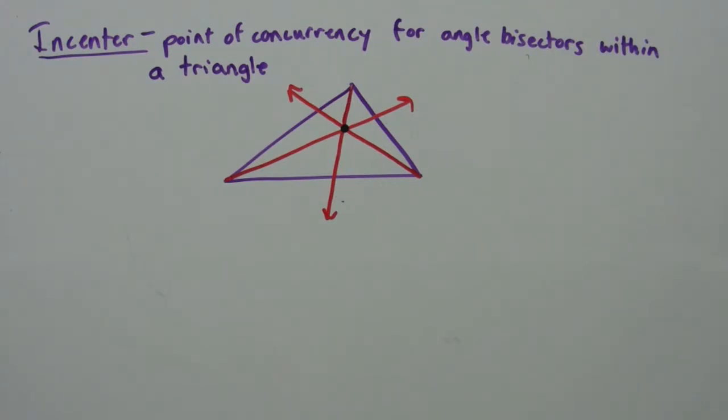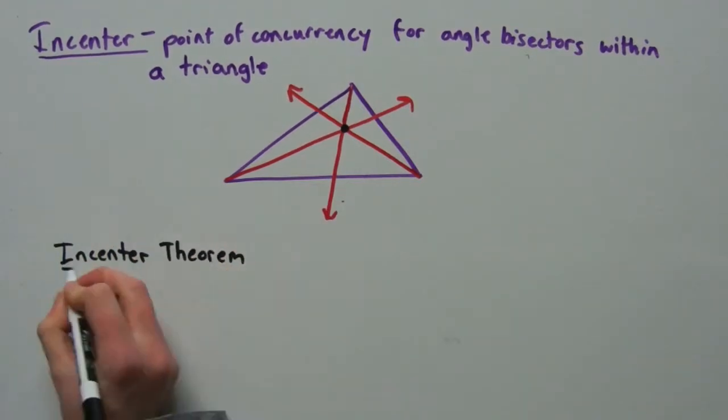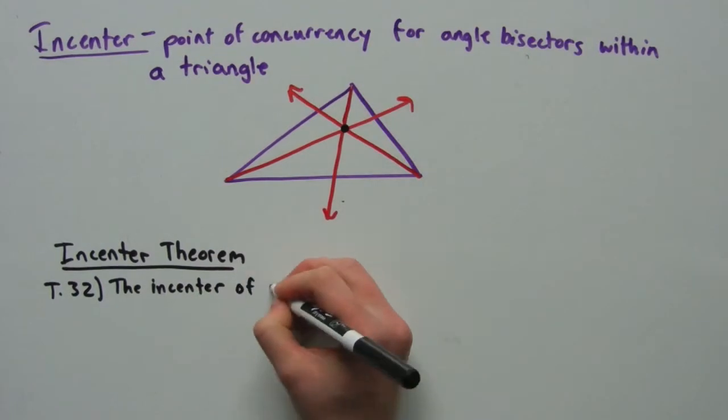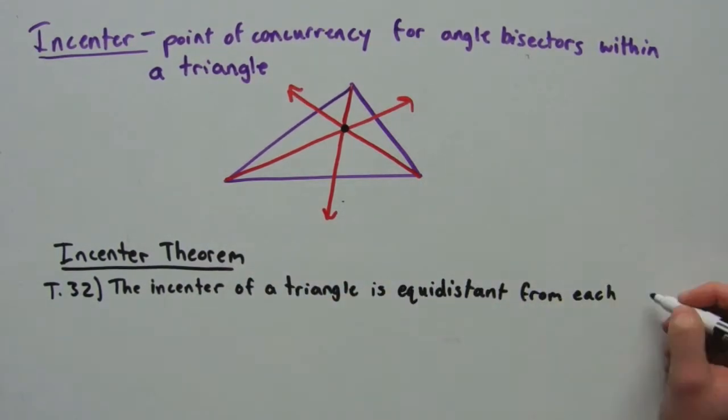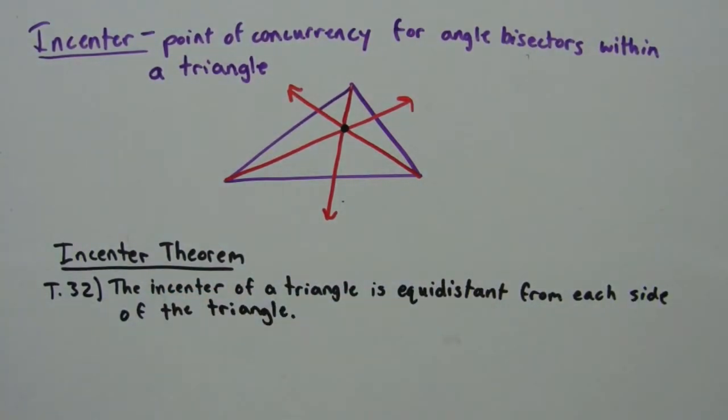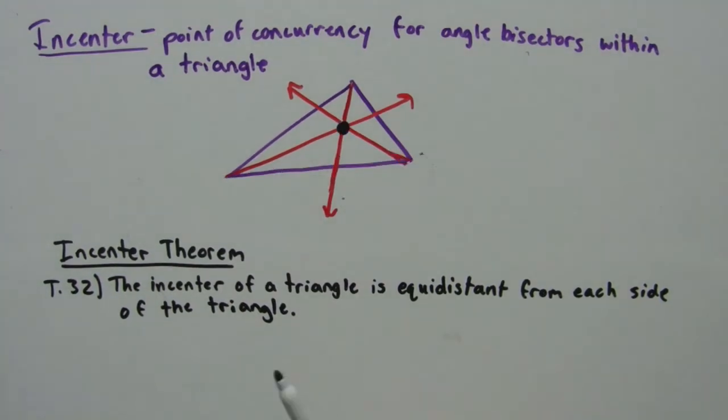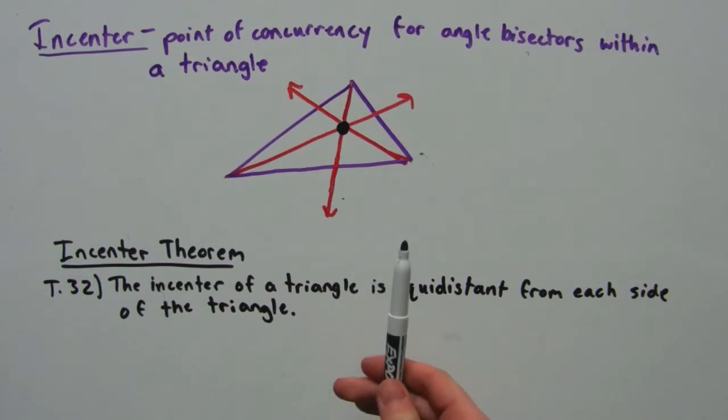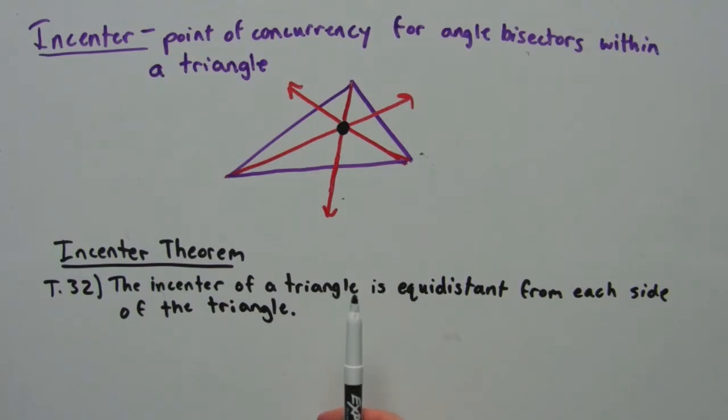And just like there's a circumcenter theorem, there's an incenter theorem. The incenter theorem, T32, says the incenter of a triangle is equidistant from each side of the triangle. Remember, when calculating distance between a point and a line, it is the perpendicular segment that we're measuring between that point and line.